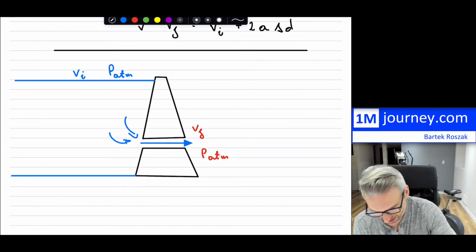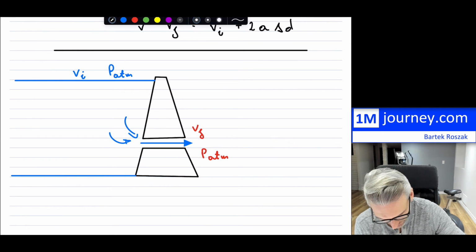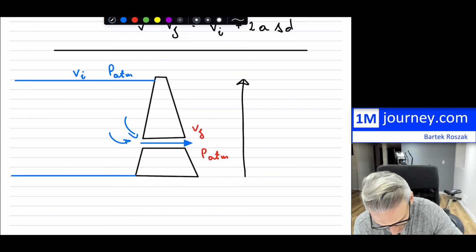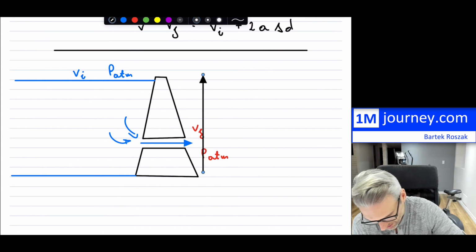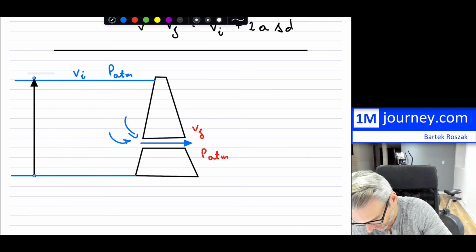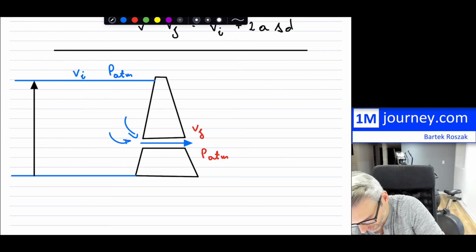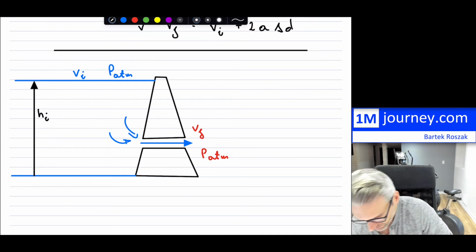So just for the sake of convenience, let's imagine we have this particular height, which is all the way to the top of the fluid. I'm going to shift this over here, just so that you can relate it back to what I'm drawing. Let's call this our initial height.